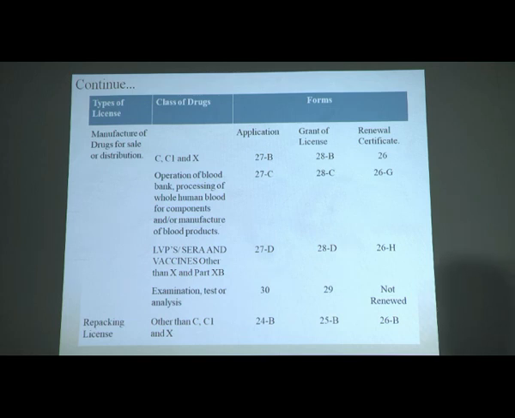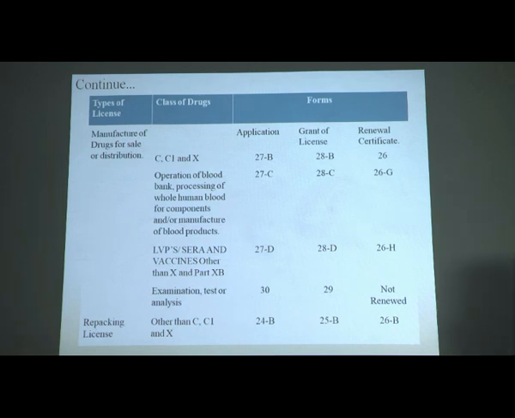Then for the operation of a blood bank as well as processing of whole human blood for components and/or manufacturing of blood products, the applicant needs to apply in Form 27C, then the grant of license will be in Form 28C, and lastly the renewal certificate in Form 26G.